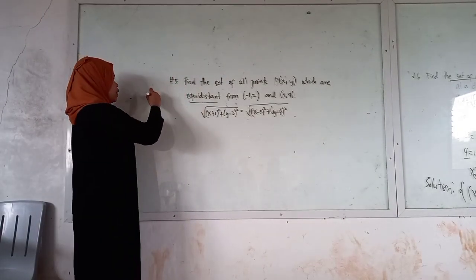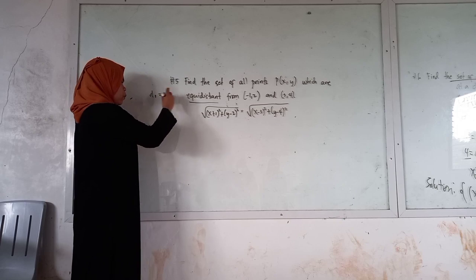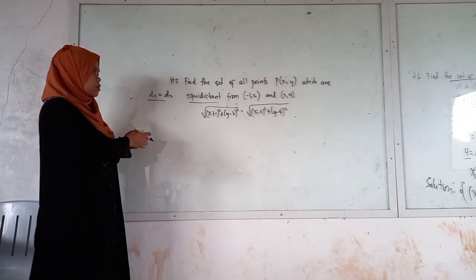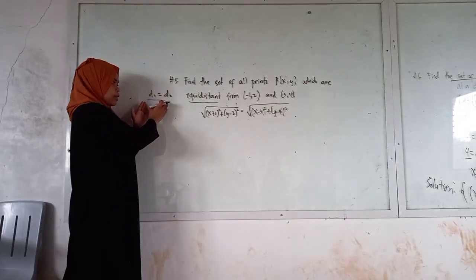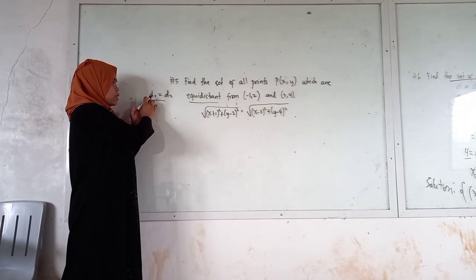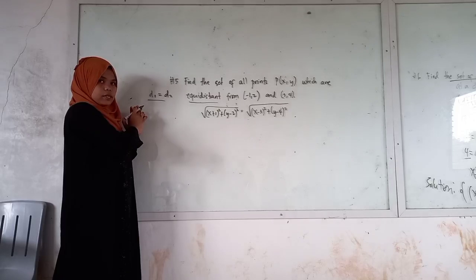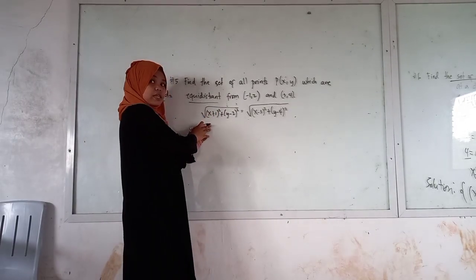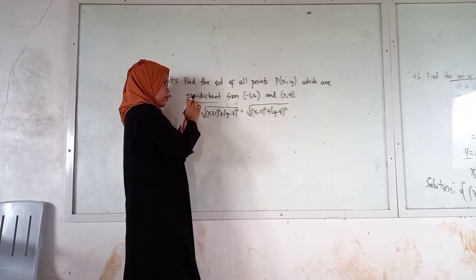Okay? So, we have two distances. So, d1 must be equal to d2. Why? Kasi nakasabi dito, equidistant dapat. So, ibig sabihin, I can write this equation such that d sub 1 is equal to d sub 2. So, saan nanggaling ang equation na to? So, by using the distance formula. Okay?